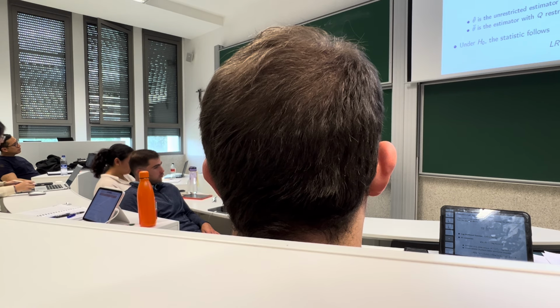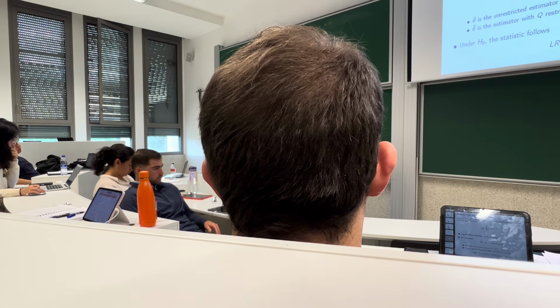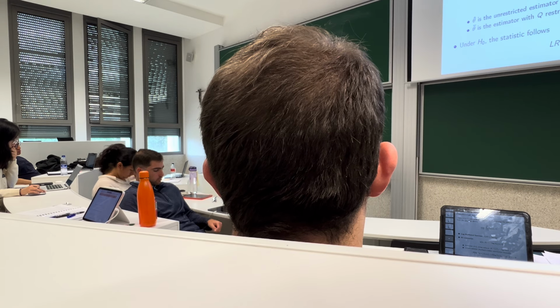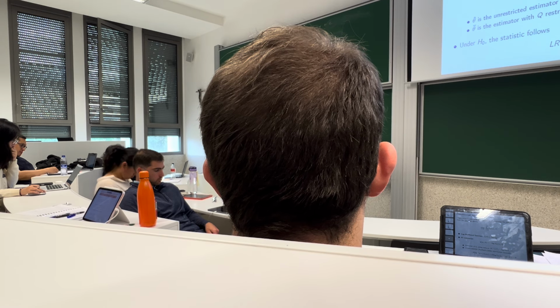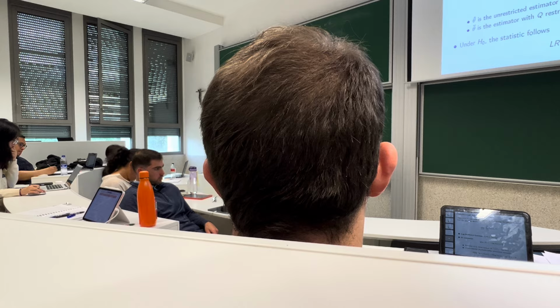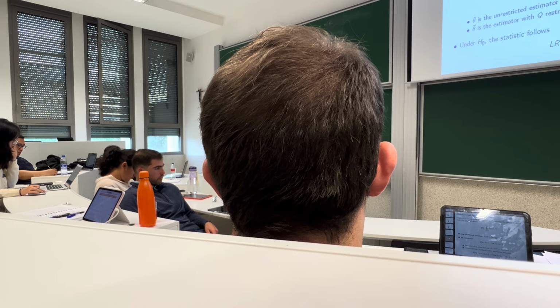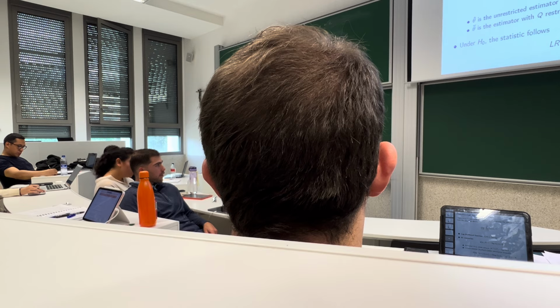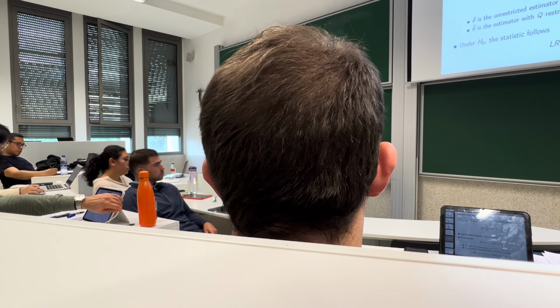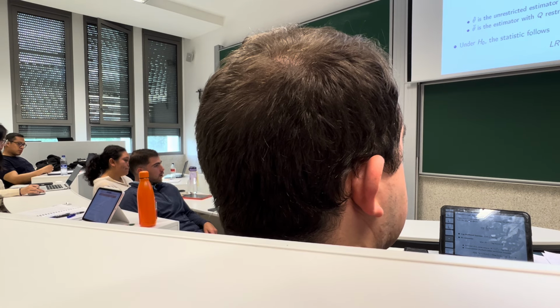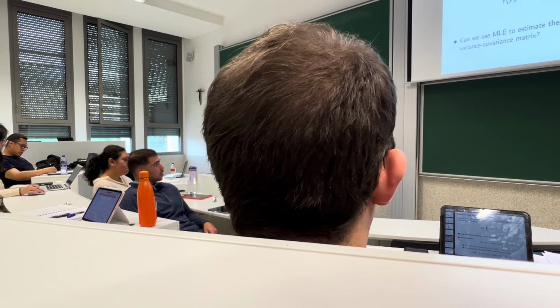So if the unconstrained model, which might have many x's, and the constrained model that only has one x, for example, deliver the same probability of observing the data, it means that all the other x's must be 0. They must not matter. They don't bring any other information as compared to that.